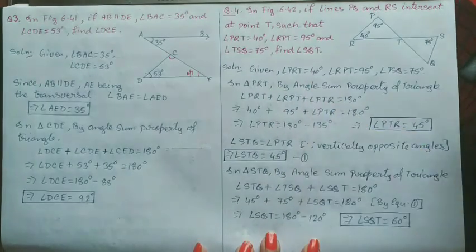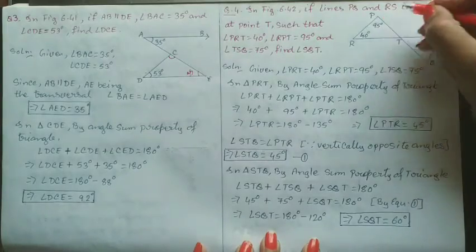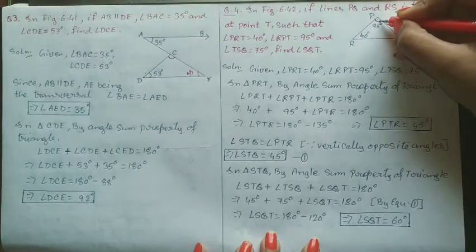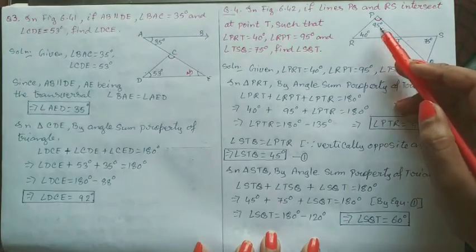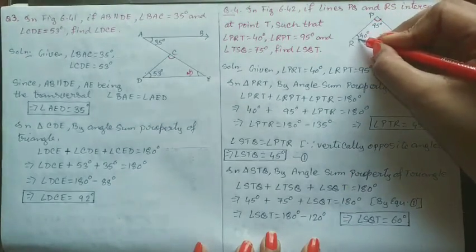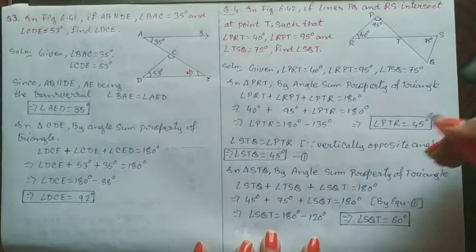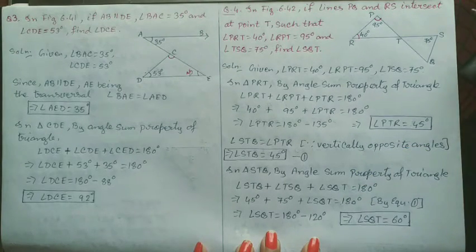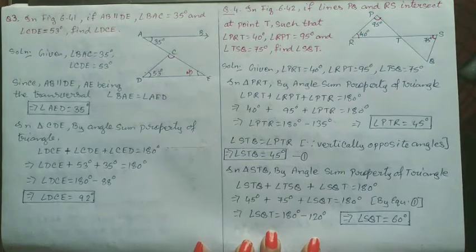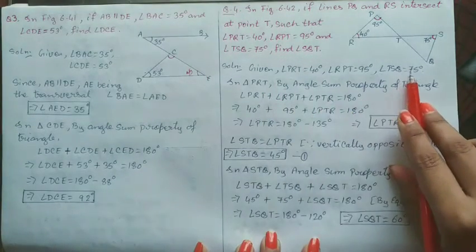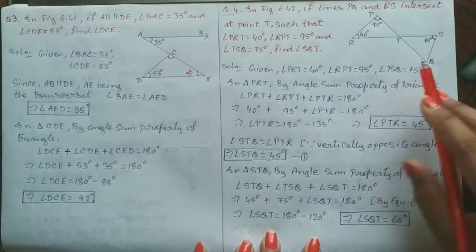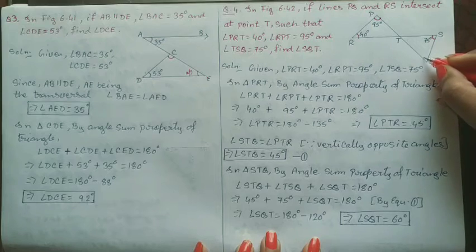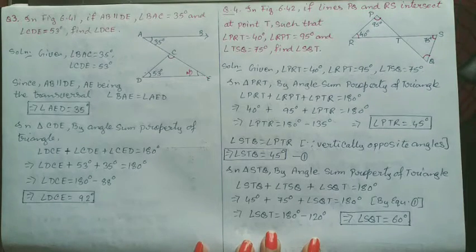Okay, so here in the given diagram it is given angle RPT is 95 degrees, angle PRT, this one, is 40 degrees, and angle TSQ, this angle, is 75 degrees. So these three angles are given, so we will write down whatever information is provided. Next it is said that we have to find out the value of SQT. SQT, that means this one we need to find out, right?